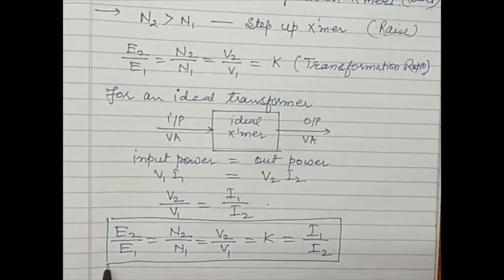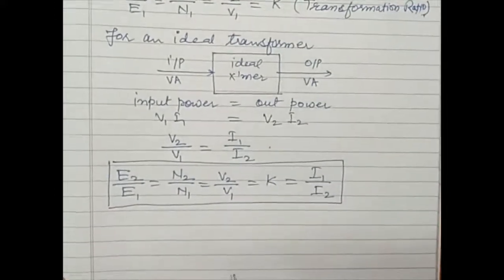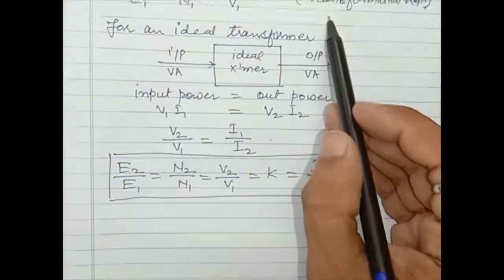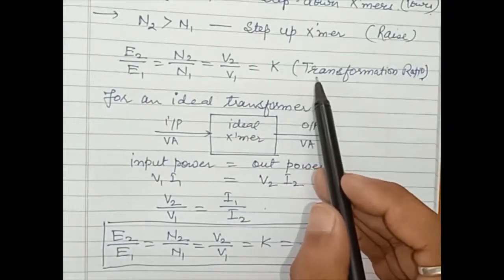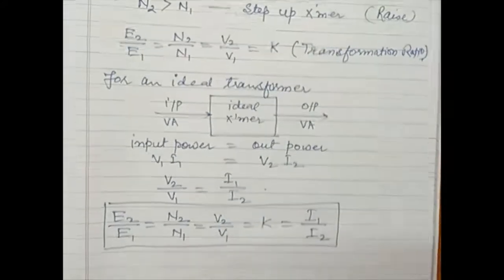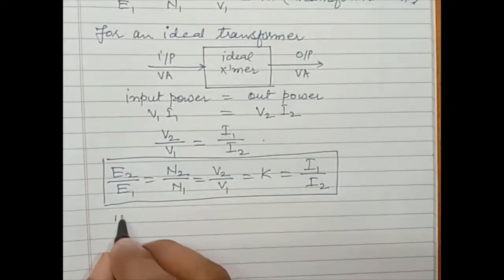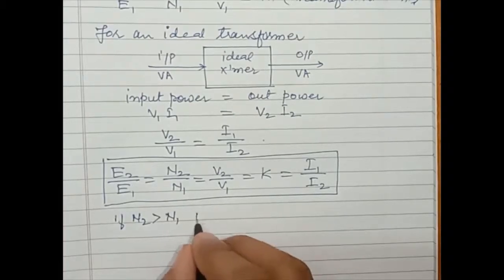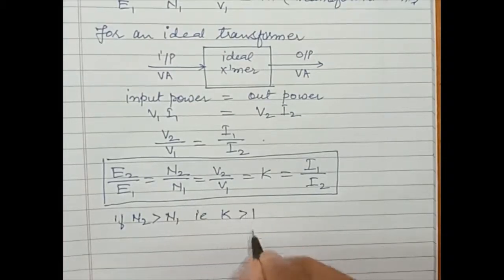So what is the conclusion? What is the significance of this K? This K gives the information about whether the transformer is step up or step down. That is, if N2 is greater than N1, it means K is greater than 1.